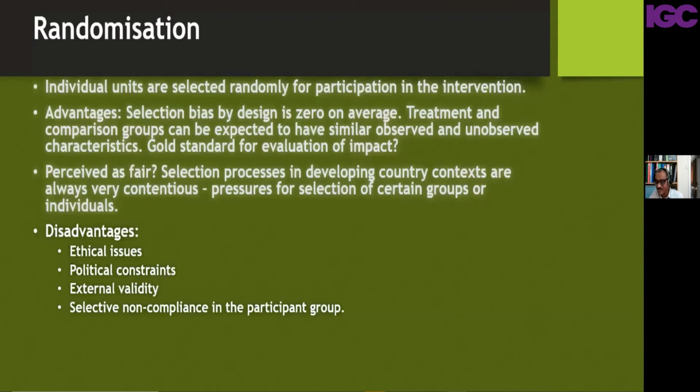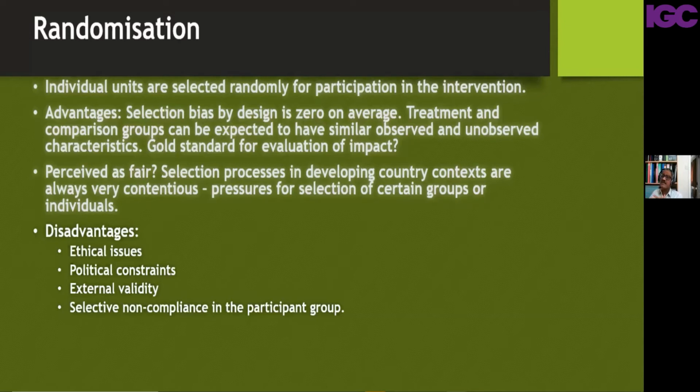On another occasion, I was told by a very senior politician that my ideas were very good, but he had not become a minister, or the voters had not voted him into power, for making randomized selection to programs. So politically it becomes quite difficult.